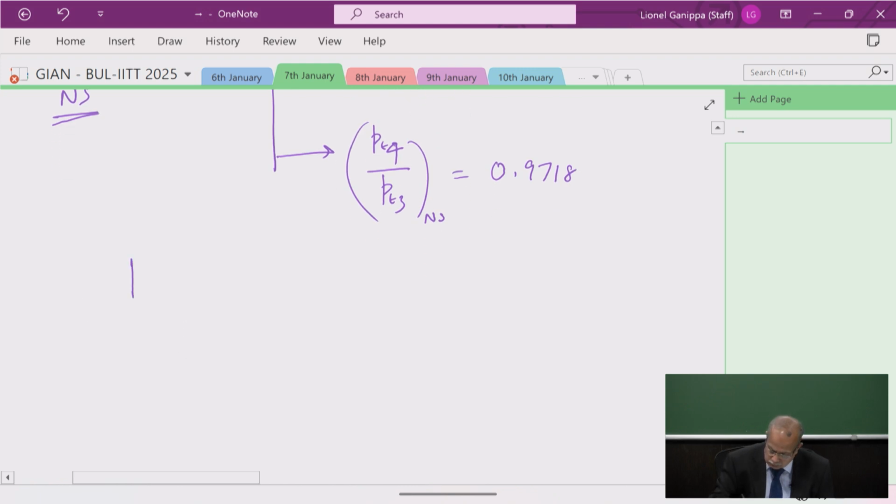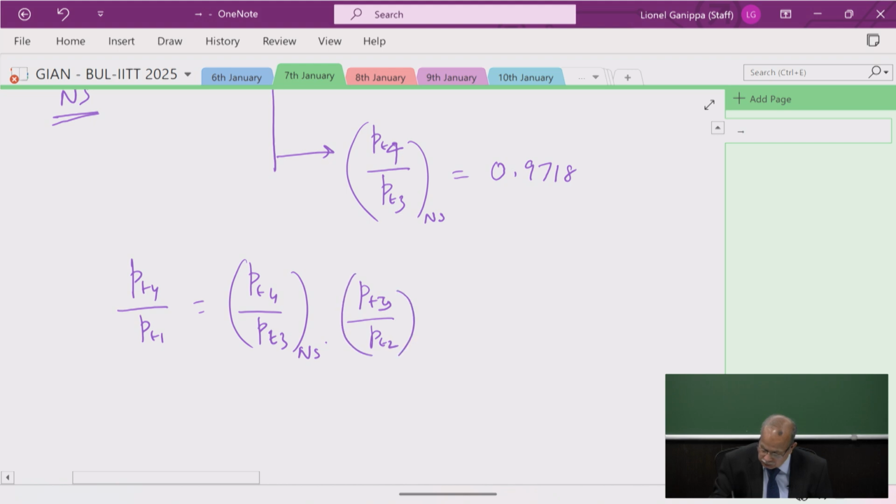Now let's work out what is PT4 by PT1, which is PT4 by PT3 corresponding to the normal shock, times PT3 by PT2 corresponding to oblique shock 2, times PT2 by PT1 corresponding to oblique shock 1.